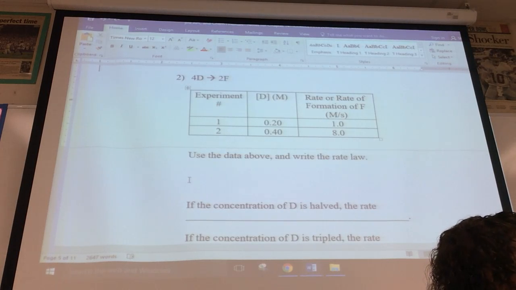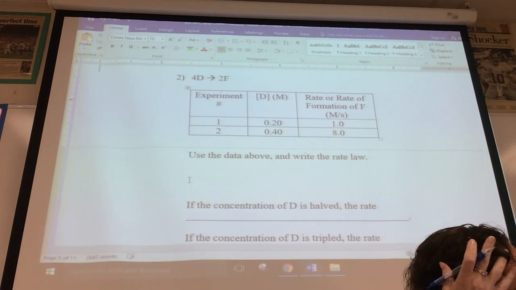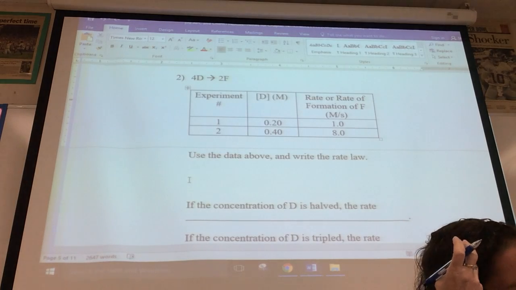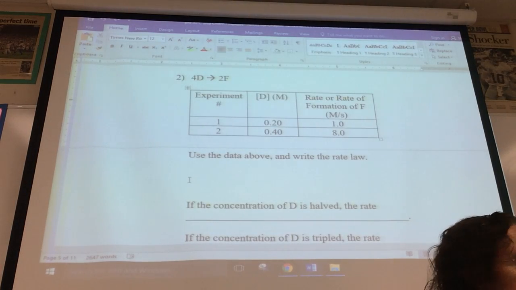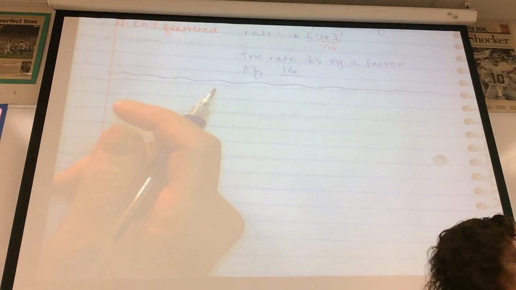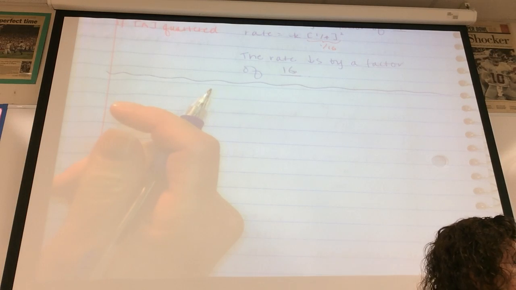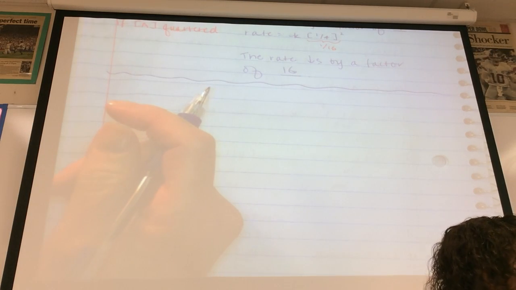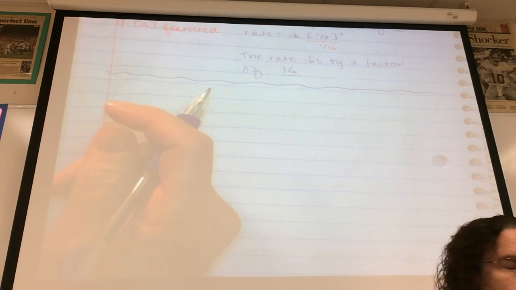We've got 4D being converted to 2F. Some of you may see it very easily, what the order is. Others, it may take a little more work. What you're looking at here is you have two experiments. Which concentration is larger, 0.4 or 0.2? 0.4.